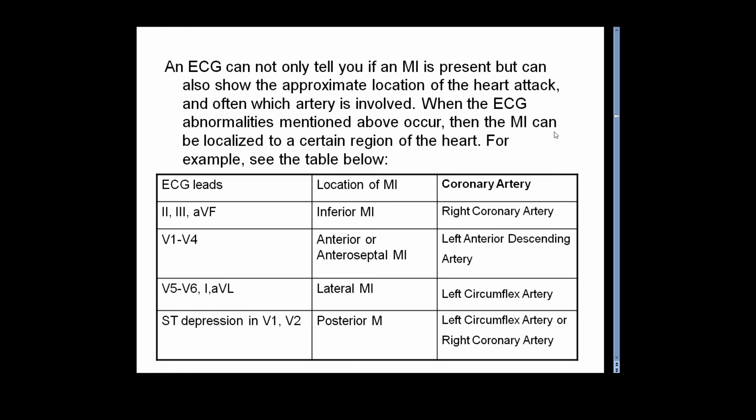In chest leads from V1 to V4, anterior MI: V1, V2 anterior part, V3 septum, V4 apex. ST elevation in chest leads from V1 to V4 usually occurs in obstruction of the left anterior descending artery.